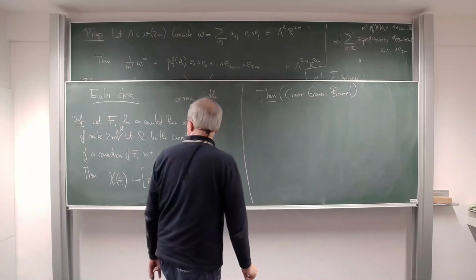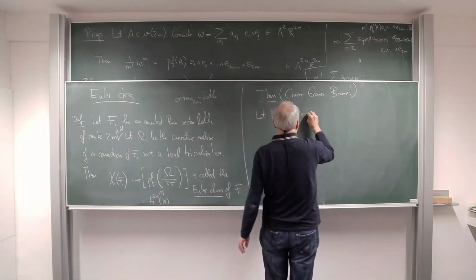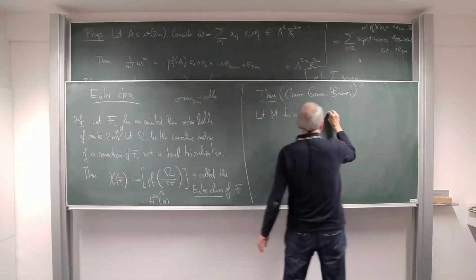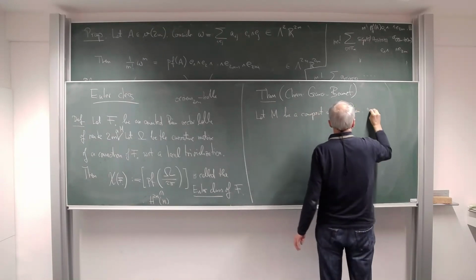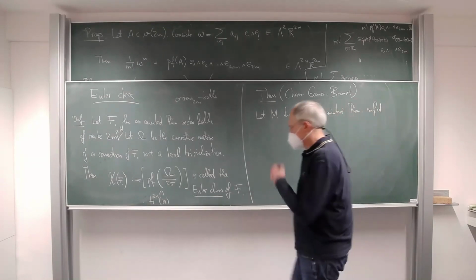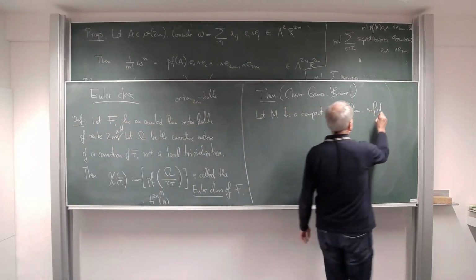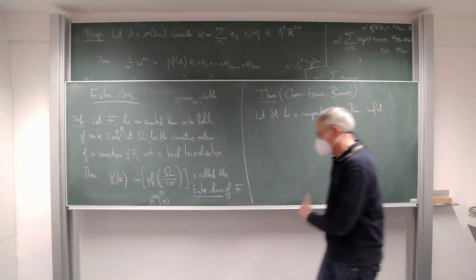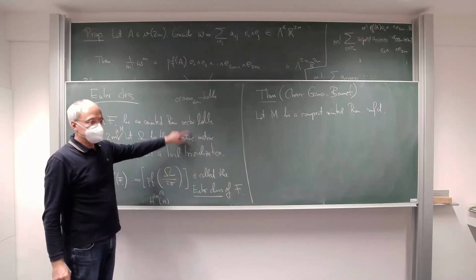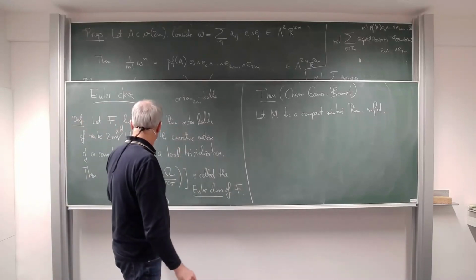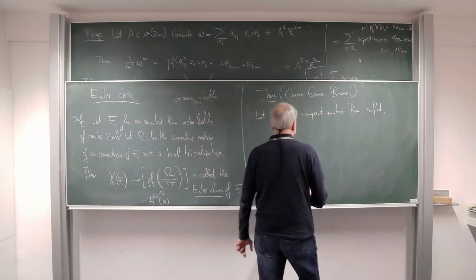And it says the following: let M be a compact oriented Riemannian manifold, and then the tangent bundle of this manifold is an oriented Riemannian vector bundle. So we can apply the Pfaffian to it and get the Euler class of the tangent bundle.